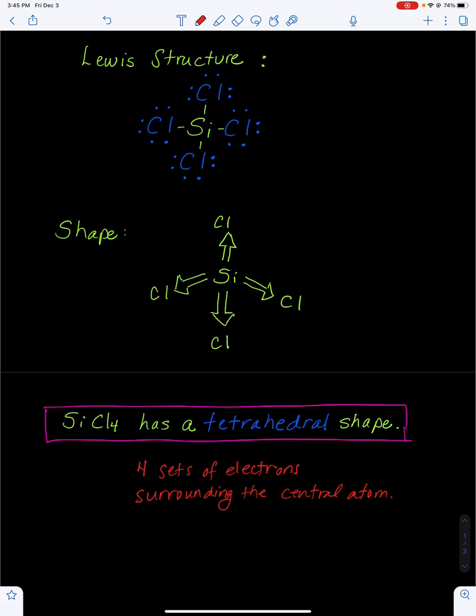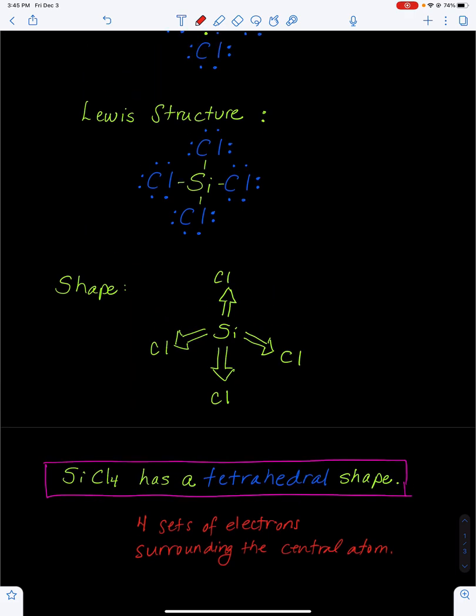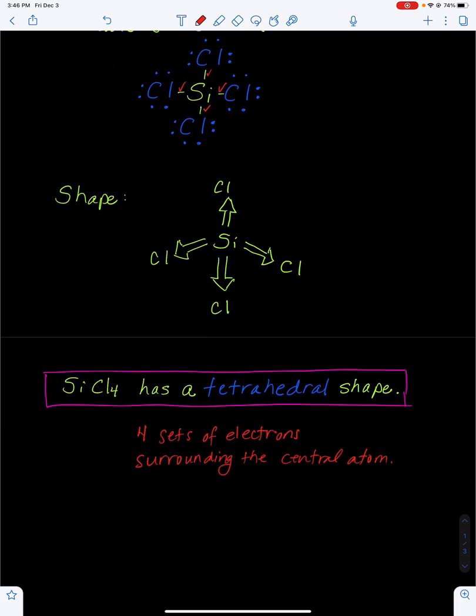If we go back up here to the Lewis structure, there's 1 pair of electrons that surrounds the silicon. There's another one here, and another one here. So this is in the tetrahedron family, and we would classify it as a tetrahedral shape.